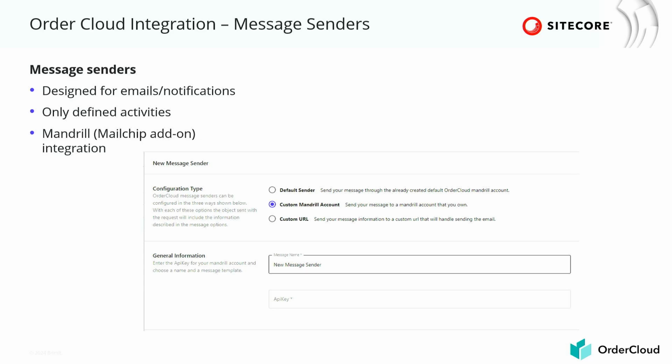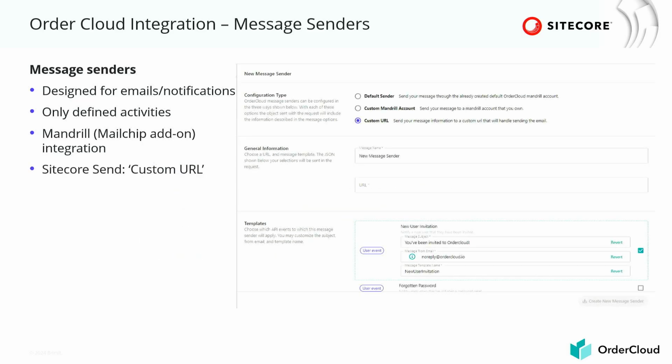It has out-of-the-box integration with Mandrill, an email platform. But it's a bit strange, because both are Sitecore products, Sitecore Send and Order Cloud, but there is no integration between them. Unfortunately, it's only integration with Mandrill.